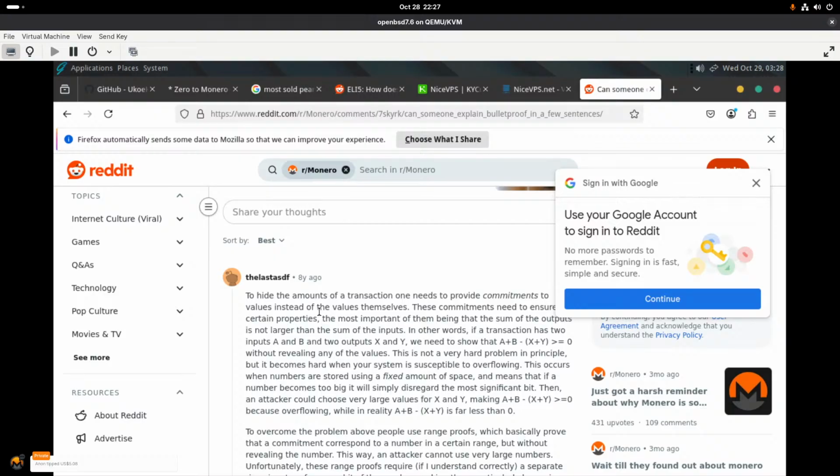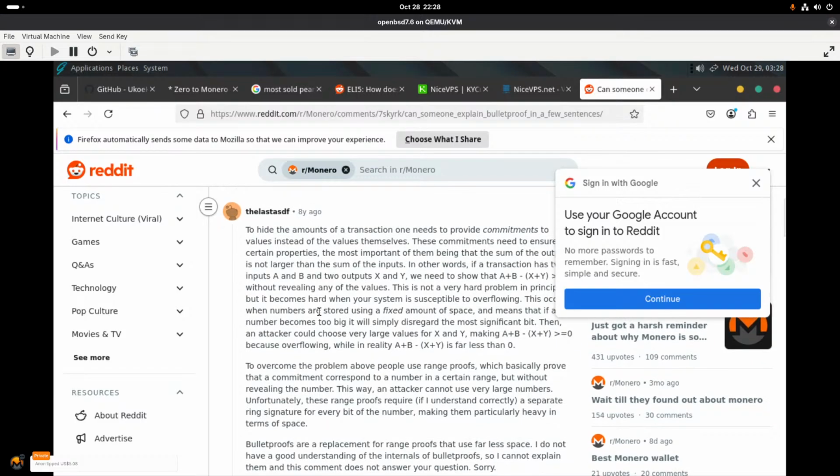Then an attacker could choose very large values X and Y, making A plus B minus (X plus Y) equal 0 because of overflowing, while in reality A plus B minus (X plus Y) is far less than 0. To overcome the problem, people use range proofs, which basically prove that a commitment corresponds to a number in a certain range, but without revealing the number. This way, an attacker cannot use very large numbers.